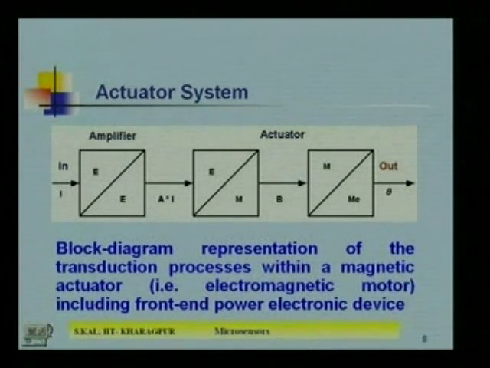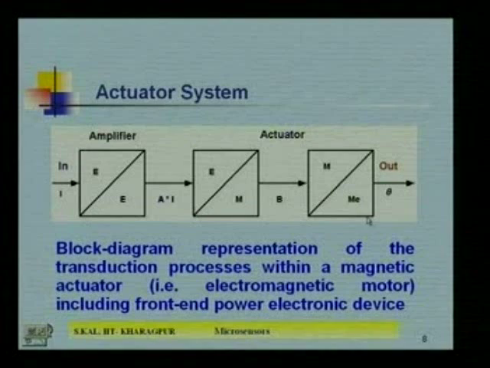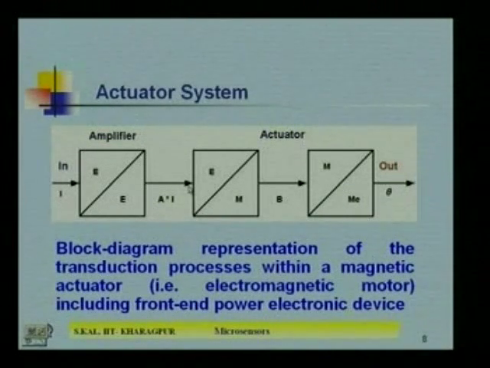For that, the whole system can again be subdivided into different blocks. For example, the first block is an amplifier where the input is electrical energy and the output is electrical energy. If I is the input, the output you get is A times I, where A is the amplification or gain.